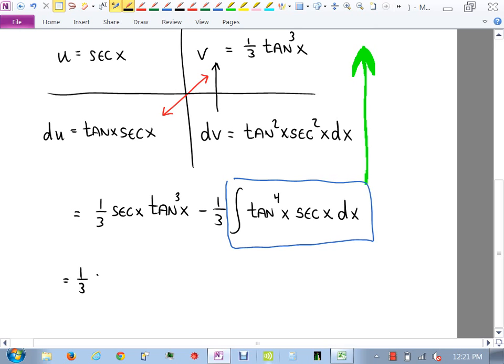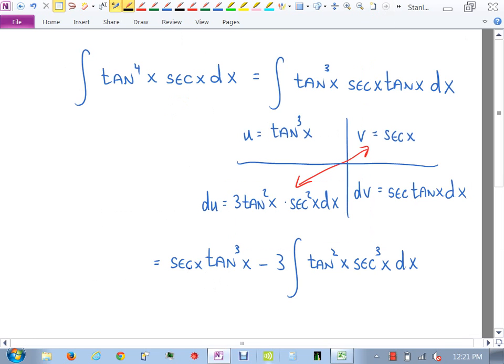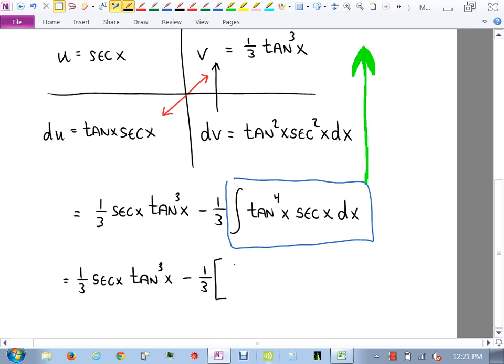This is 1/3 secant x tangent cubed x minus 1/3 times what we just got, which was secant x tangent cubed x, then plus, right? 3 integral secant, tangent.